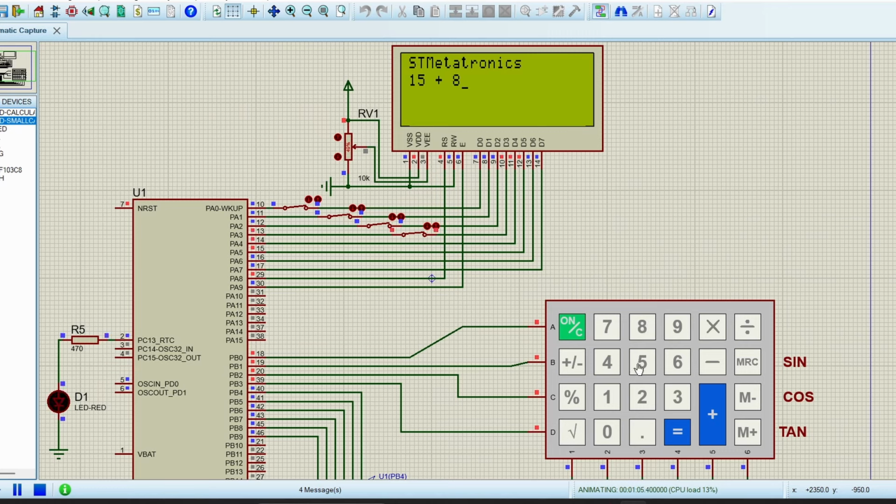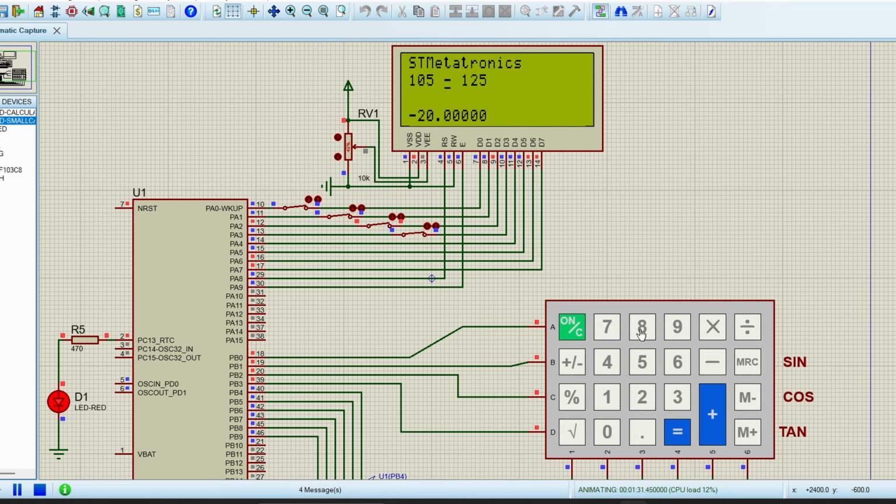We do 15 plus 85, and we get 100 properly. Now we take 105 minus 125, so we should get a negative result, minus 20, which we are getting.